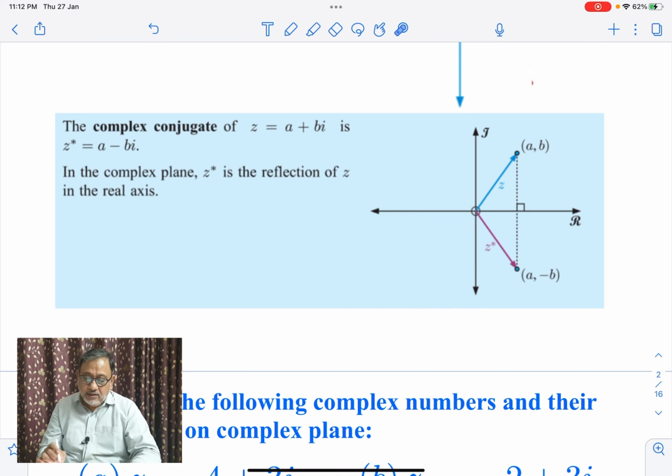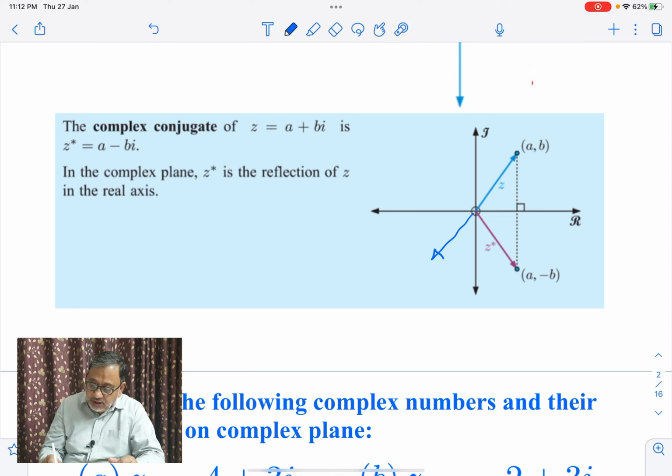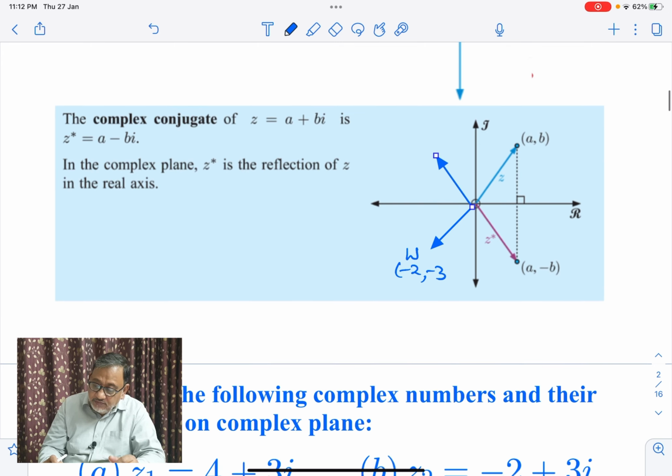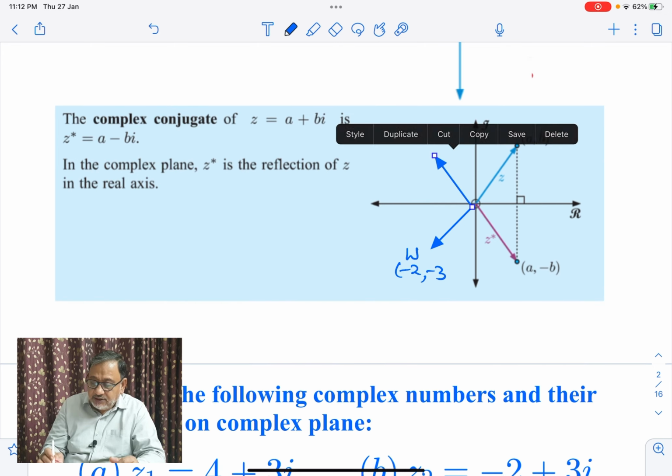Let me show it here permanently so that you can have it in the PDF. So here is w, which is -2, -3, then its complex conjugate will be the exact reflection of it in the real axis.